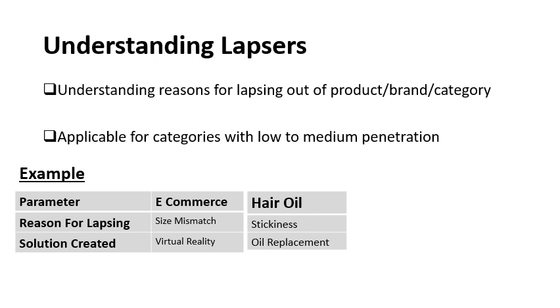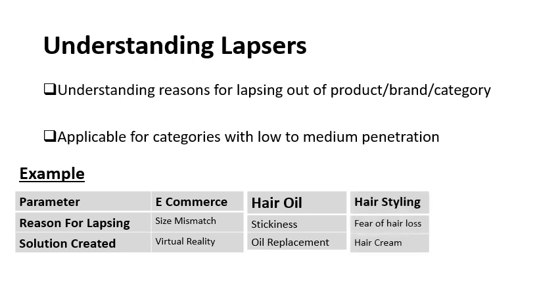Similarly, hair oil. Many youngsters lapse out of hair oil because it was sticky. So that's how came the idea of oil replacement in the developed markets, but even in developing countries, the entire concept of light hair oil came from there.